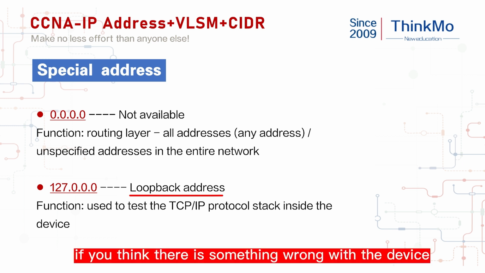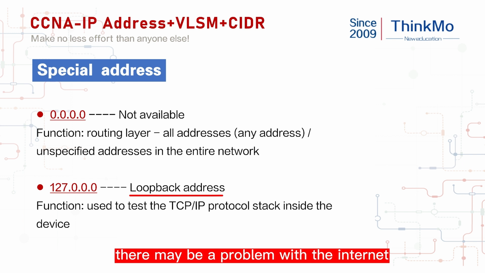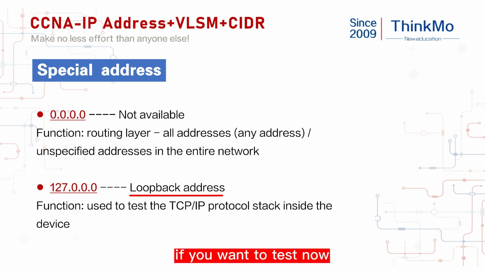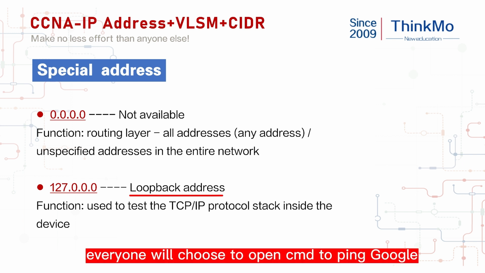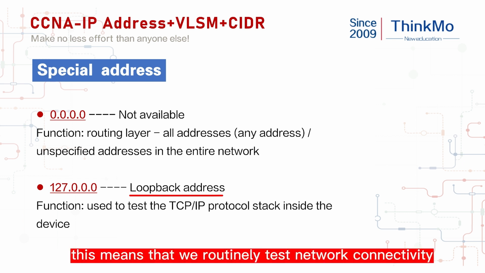If you think there is something wrong with the device, there may be a problem with the internet. If you want to test now, everyone will choose to open CMD and ping Google, not ping a 127 address. This means that we routinely test network connectivity.